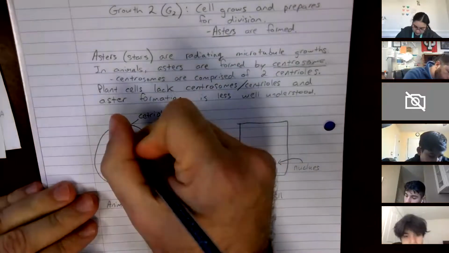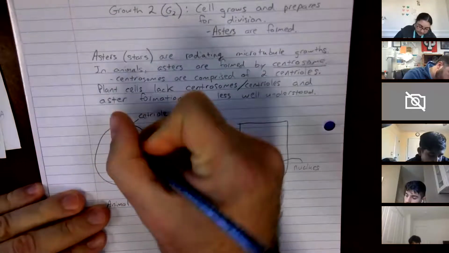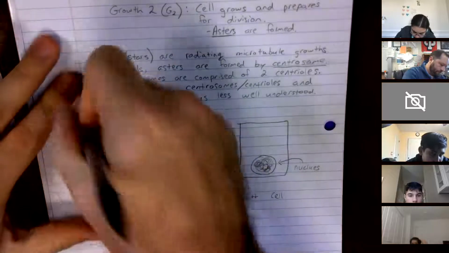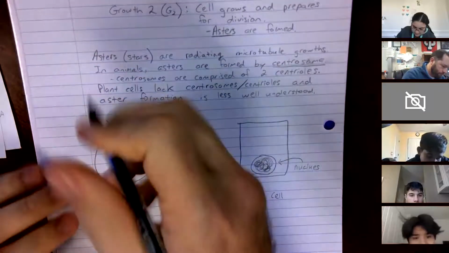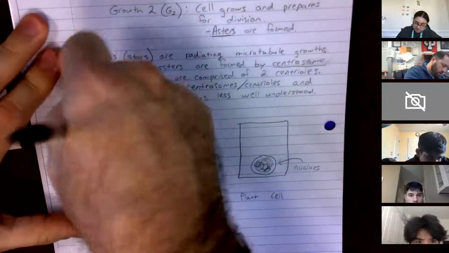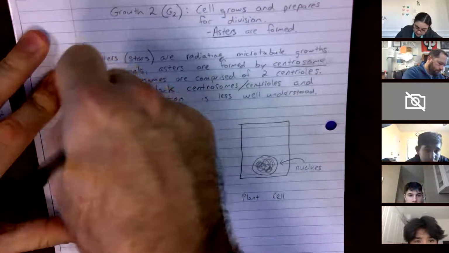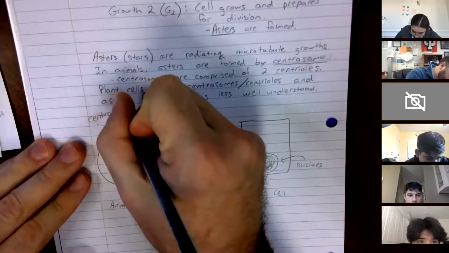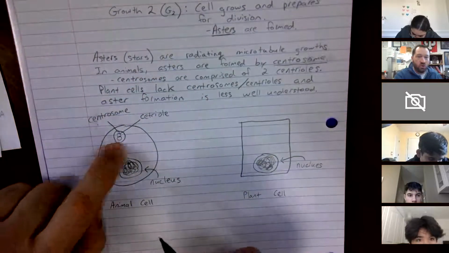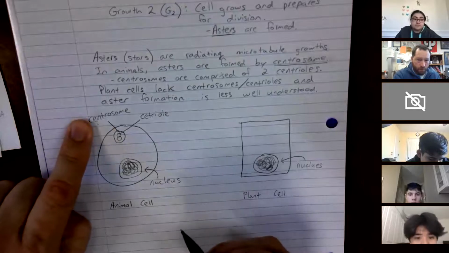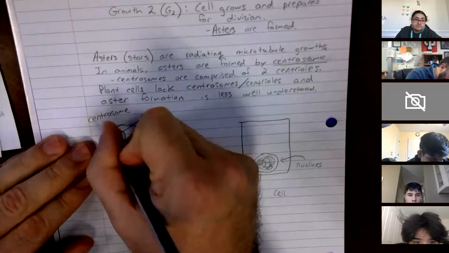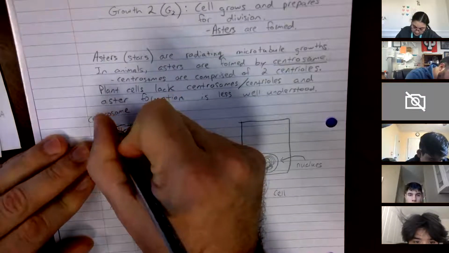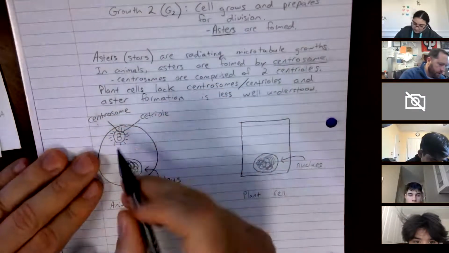The pair of them make up what we call the centrosome. So the two centrioles together make up the centrosome, and then radiating out from that area is the aster.